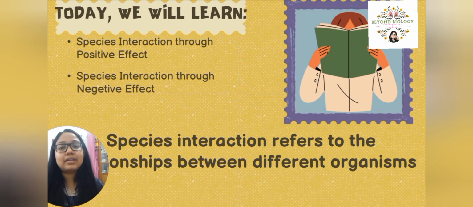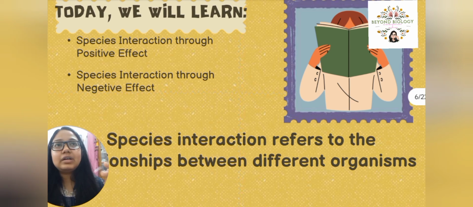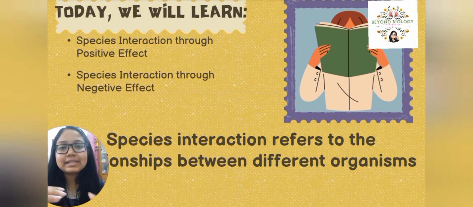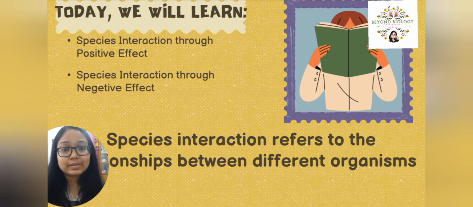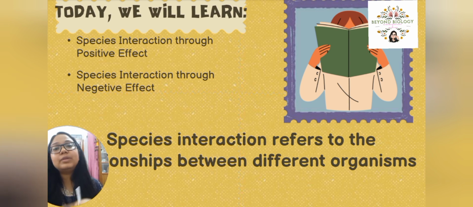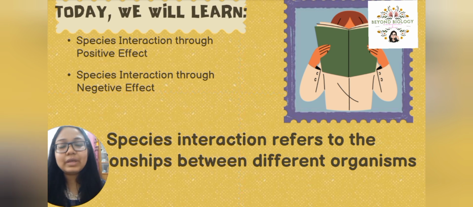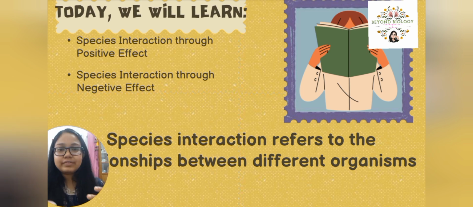being the host. So we can consider this as a form of interaction. So species interaction refers to any form of communication or relationship between different organisms. And it can be both positive and negative. For example, I'm the teacher, you're the student, we are communicating, right?